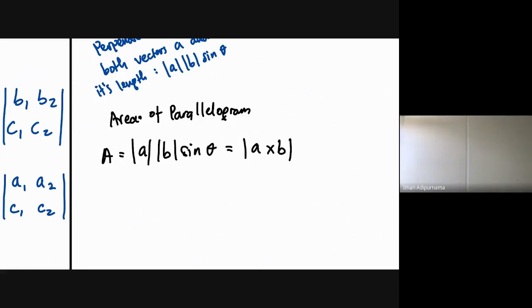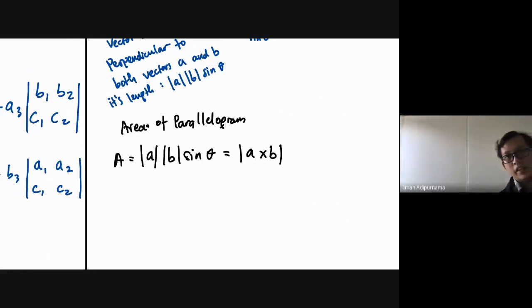The area of the parallelogram is actually the length of the cross product, okay? That's also important for you. So the length of the cross product is equal to the area of the parallelogram determined by A and B.